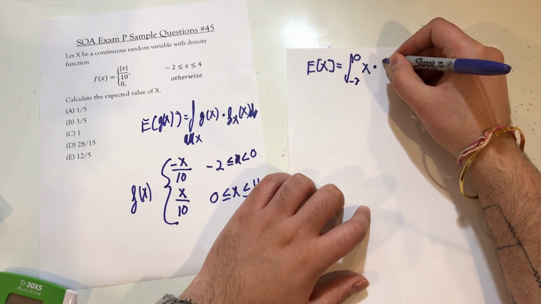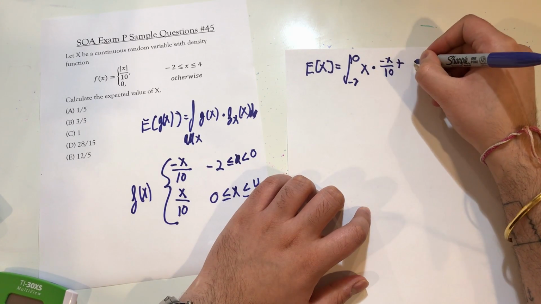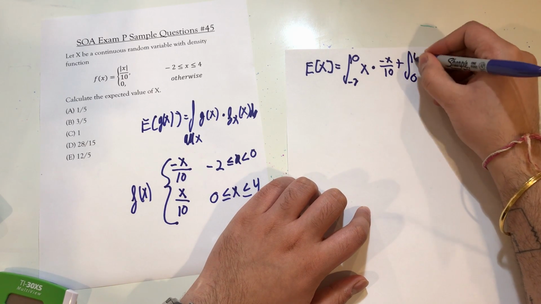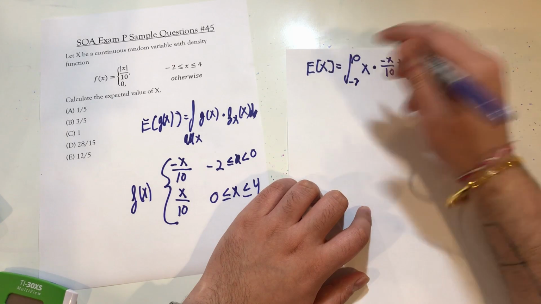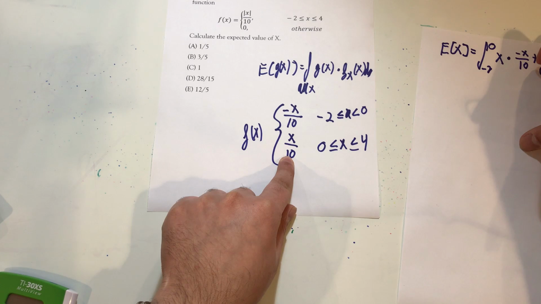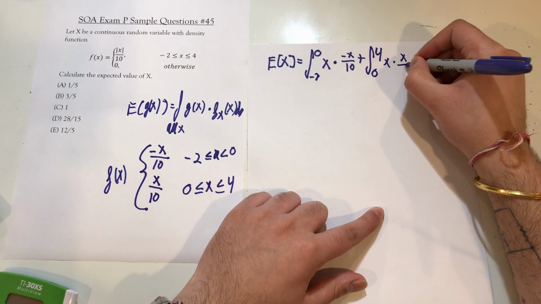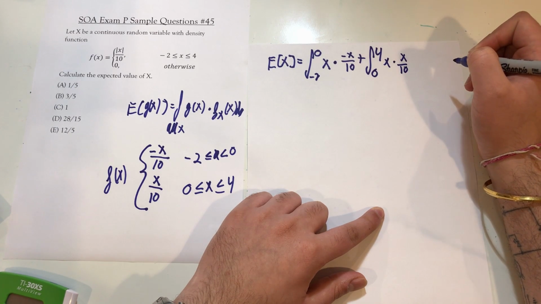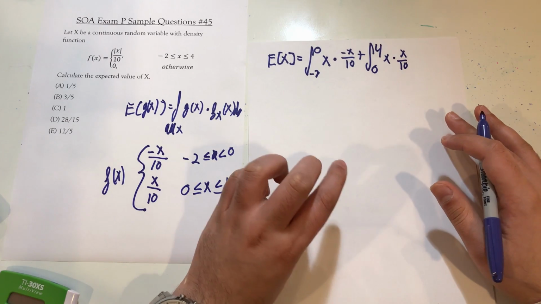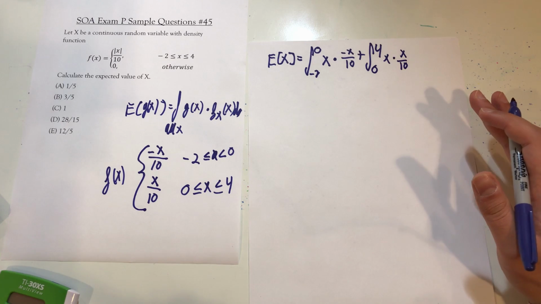So multiplied by negative x over 10. Plus, now the integral from 0 to 4 of x, the thing in here, times the PDF at that point, which is simply x over 10. And then I did the exact same thing I said I always forget to do, dx behind both of those.